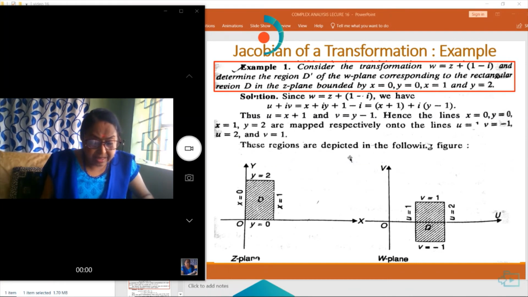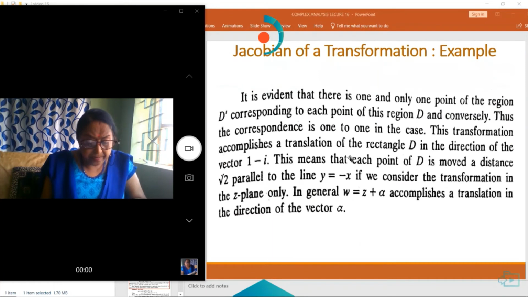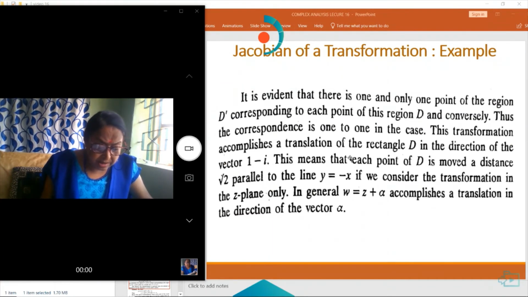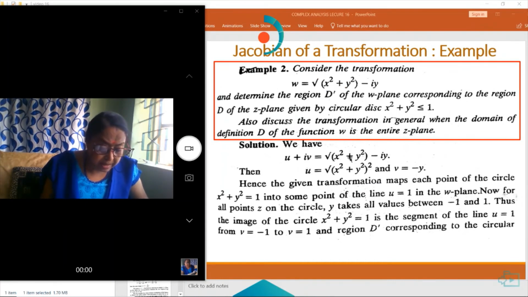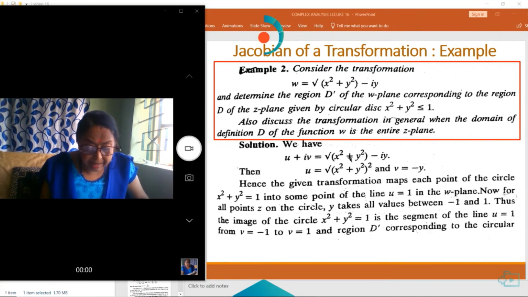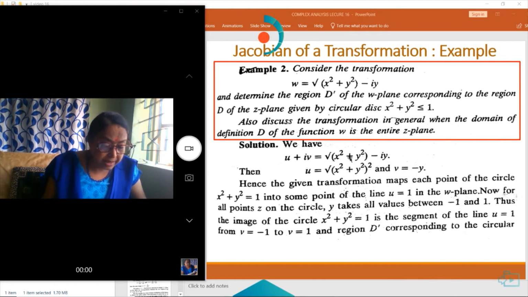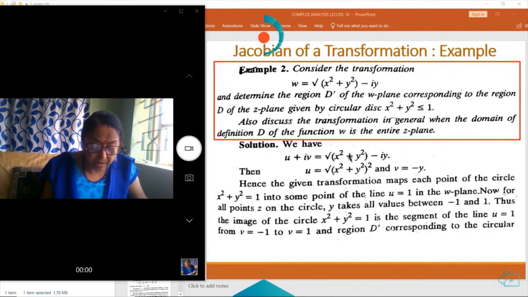Now, consider another example. Obtain the transformation w is equal to root of x square plus y square minus i into 1, and determine the region D dash of the w plane corresponding to the region D of the z plane given by the circular disk x square plus y square is less than or equal to 1.